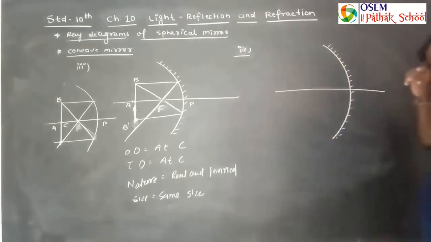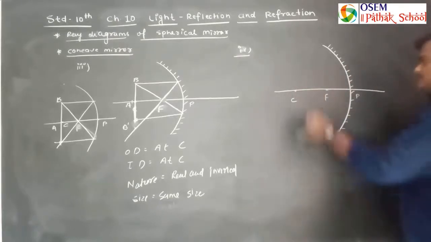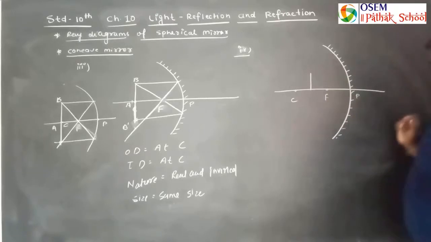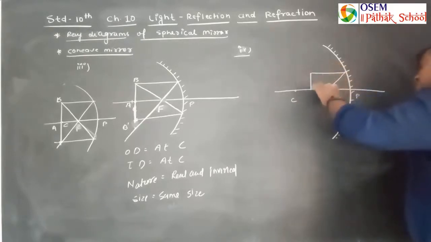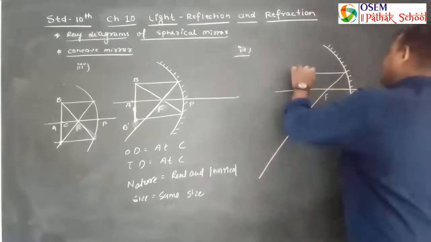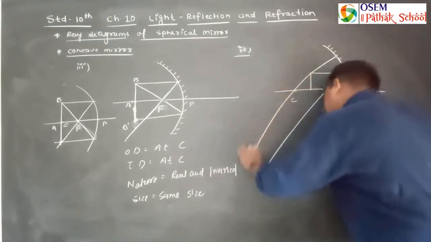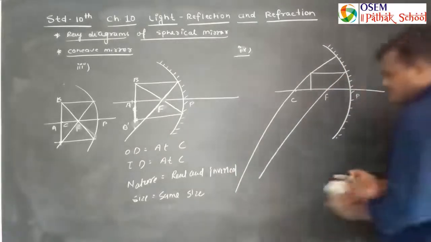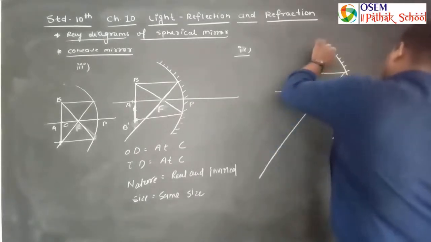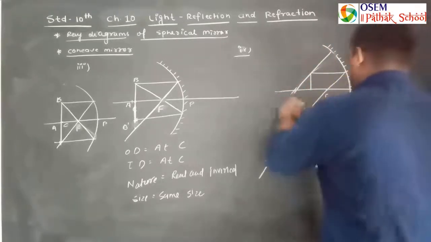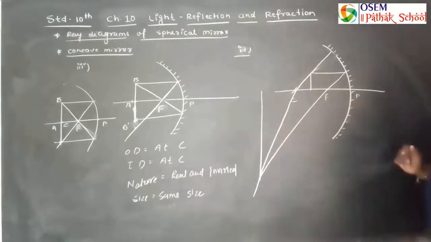This is principal axis and it is pole, it is F and it is capital C. Now object is placed between C and F. So first ray goes parallelly to the principal axis, reflects and passes through the F. Second ray which is passing through the mirror and passing through the center of curvature, and it gets meet after such distance. अगर यहाँ पे इसको ड्रॉ करें, so it gets meet यहाँ से ये रे parallelly, it passes through the center of curvature and it meets here. So image is created here.